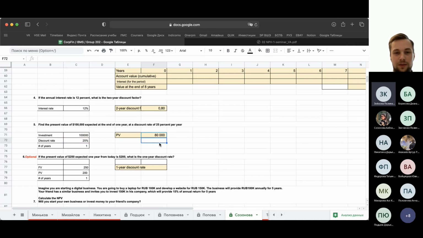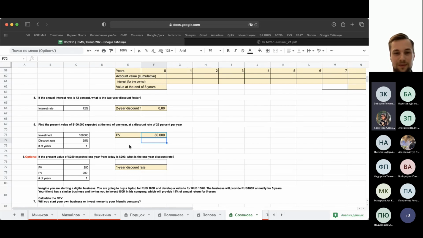What does this value show us? Can you explain in your own words what is the present value of this $100,000 of expected return at the end of the year? 80,000 dollars today is the same as $100,000 in the future. But how can we use this information?